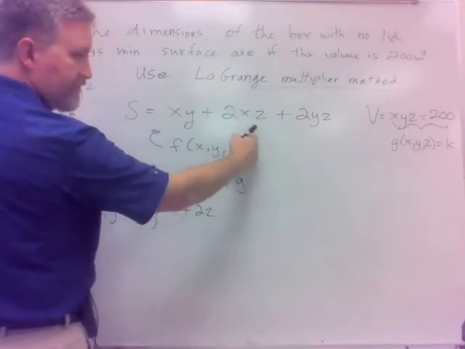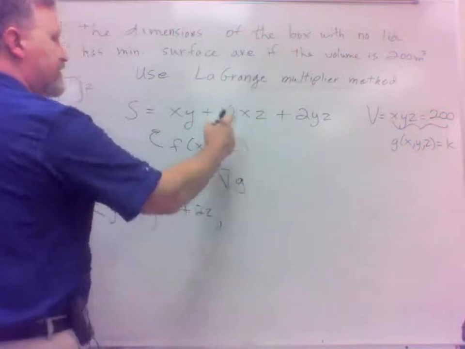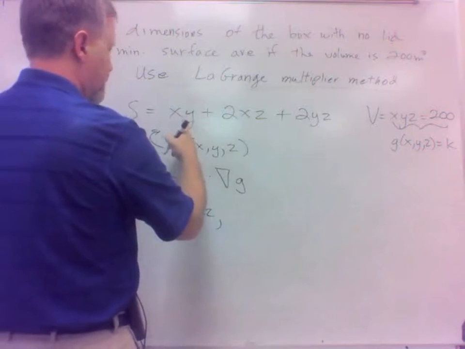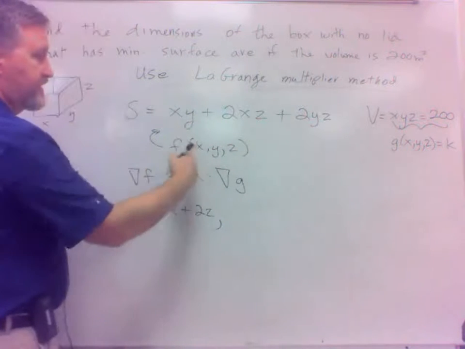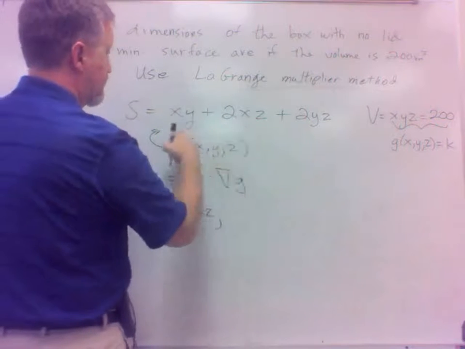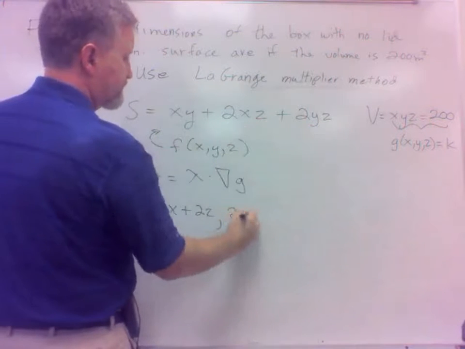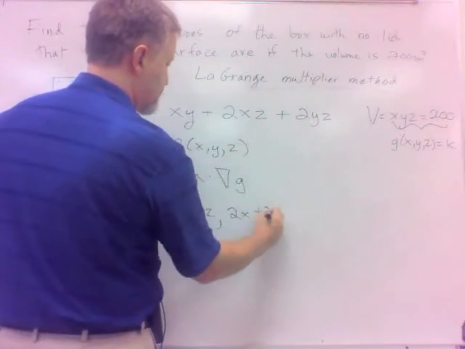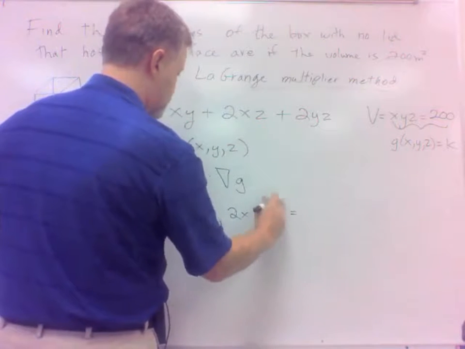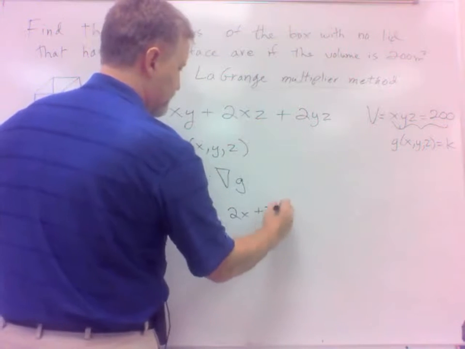And then partial with respect to z, because it's an xy, that would be 2x plus 2y, sorry. Thank you.